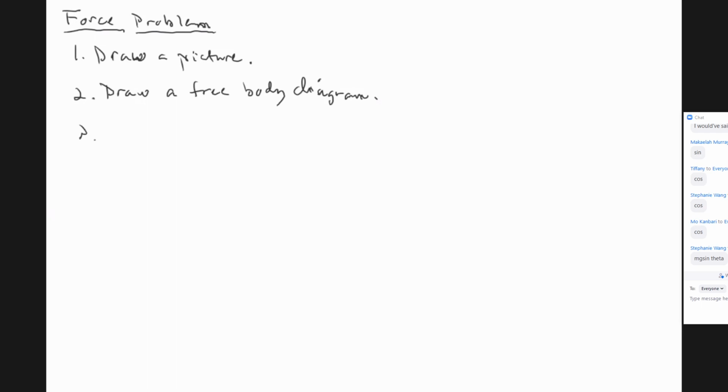Third, what did we do next? We selected an appropriate coordinate axes that we have available.